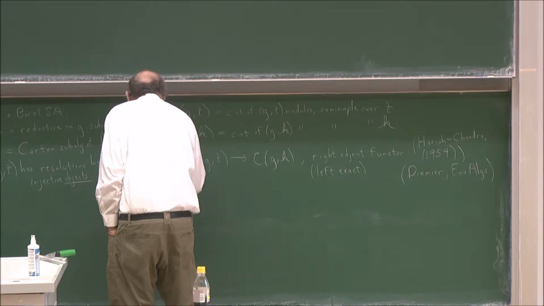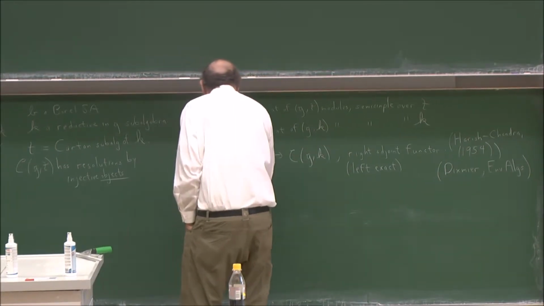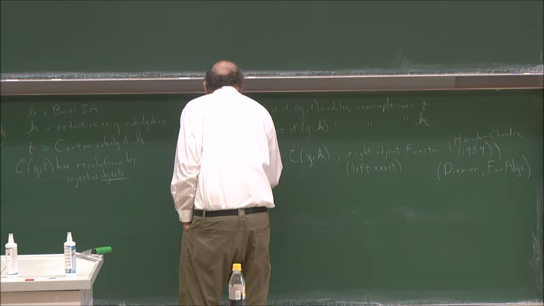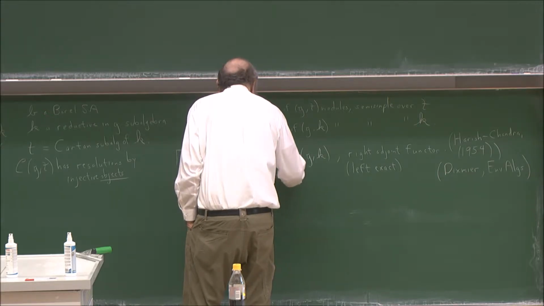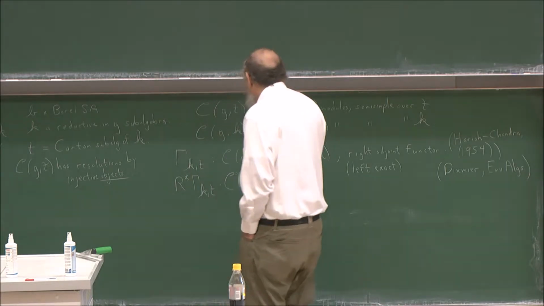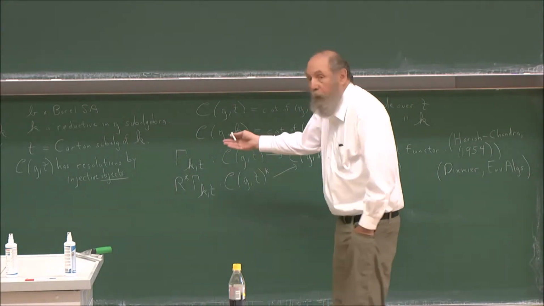And so then I can introduce the functors which go from graded GT modules to GK modules. And how are these calculated?